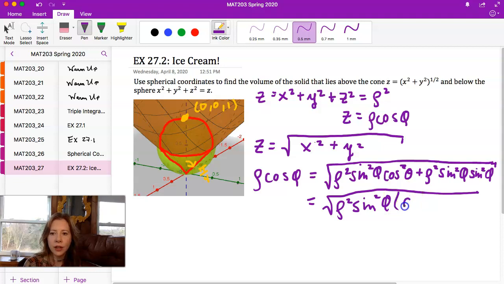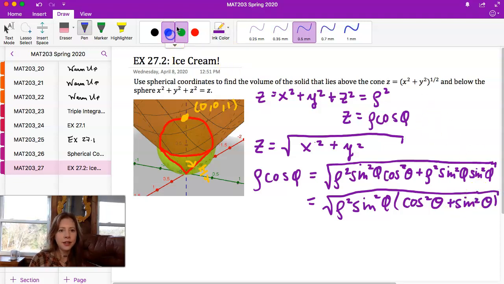And then we're left with cosine squared theta plus sine squared theta, which is, I wish you guys could shout out with me, 1. So we end up with the square root of rho squared sine squared phi, which gives us rho sine phi. Sorry, I keep saying theta. This is phi.